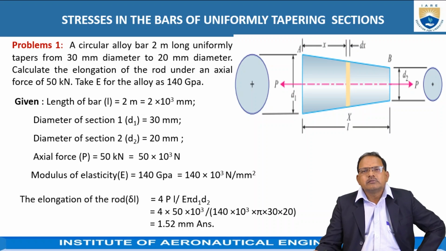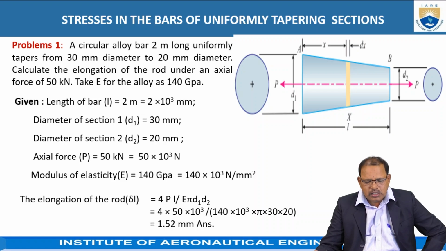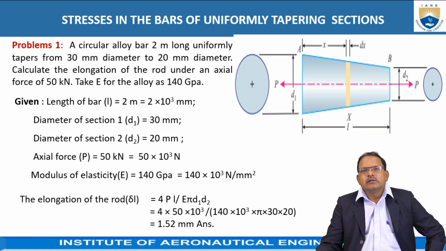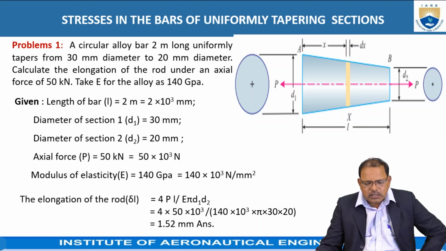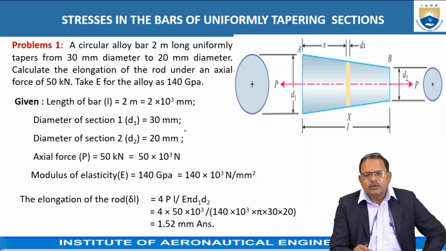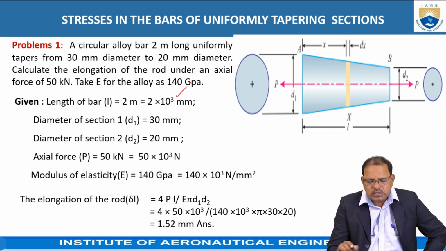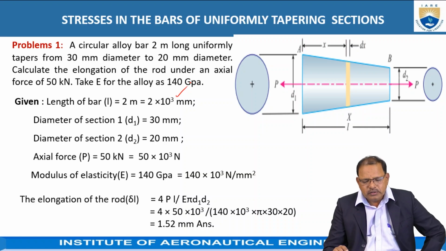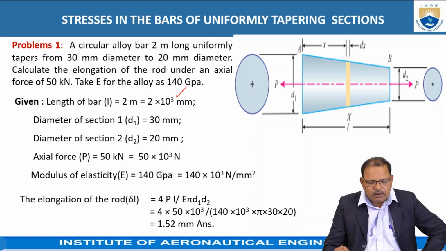Take the Young's modulus for the alloy as 140 gigapascal. So the length of the bar is given as 2 meters. We are converting all the dimensions into millimeters, hence it should be multiplied by 10 to the power of 3. Hence this value is equal to 2 into 10 to the power of 3 mm.